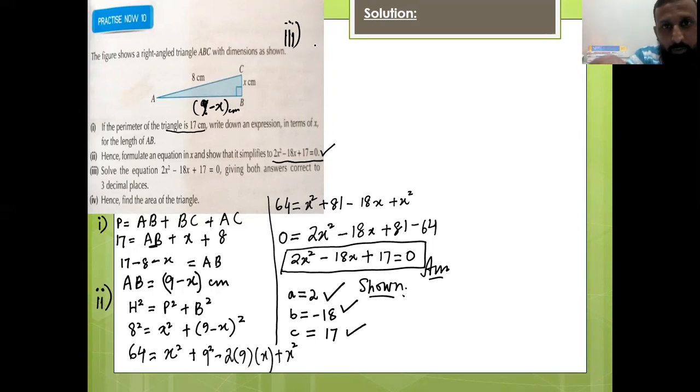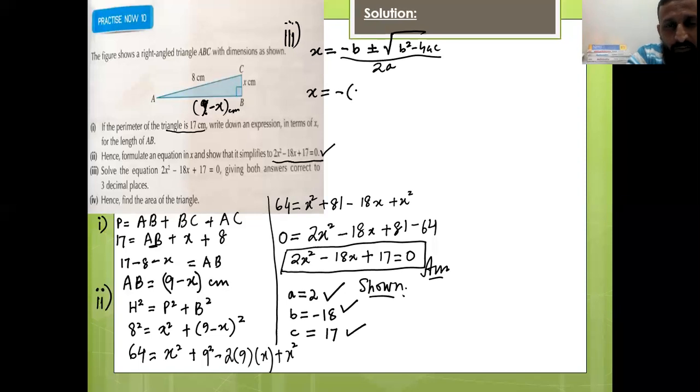So we need to evaluate x equals minus b plus minus under root b squared minus 4ac, whole upon 2a. Okay, so let's plug in the values.